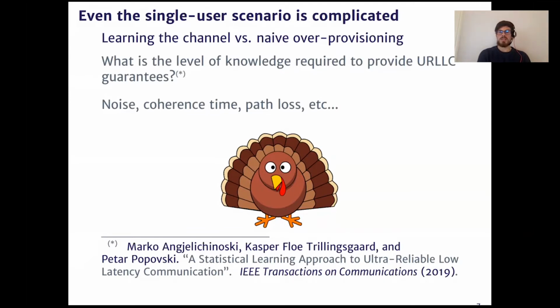But the key question we have to answer is: what is the level of knowledge that we require to provide URLLC guarantees? I will raise another question: what is the level of knowledge required so the effort in learning pays off? What can we do if we don't know anything about the channel?